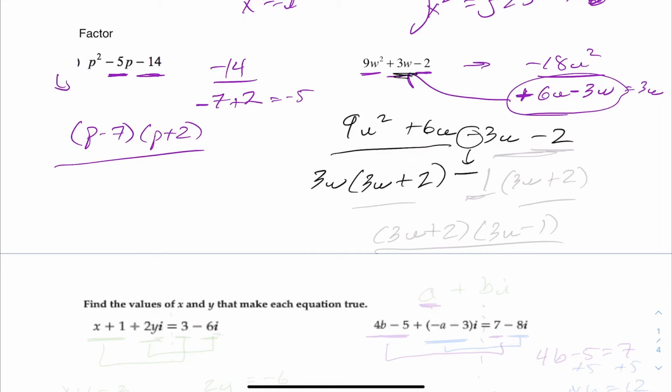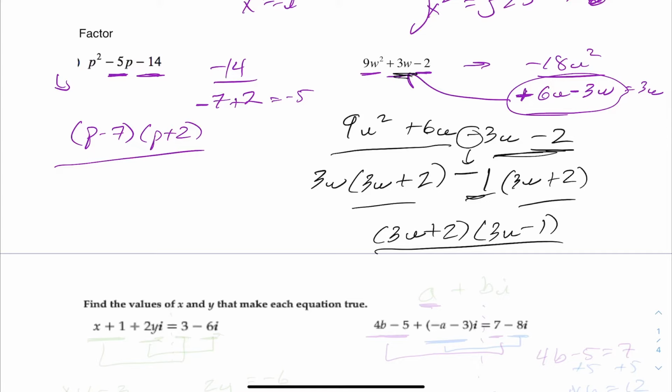These have nothing in common, but you can always pull out a negative 1. Negative 3w divided by negative 1 is 3w. Negative 2 divided by negative 1 is 2. These match. 3w plus 2 times 3w minus 1. Done. Let's move on to the next ones.